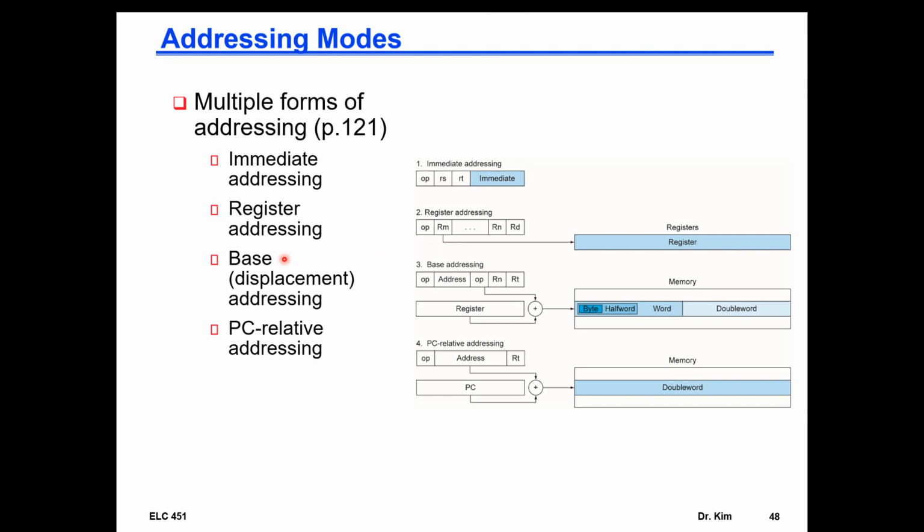Then we have the base or displacement addressing, where the operand, whether it is a byte, a half word, a word, or a double word in memory, you get to the address of that operand by combining the contents of a register with some immediate displacement.